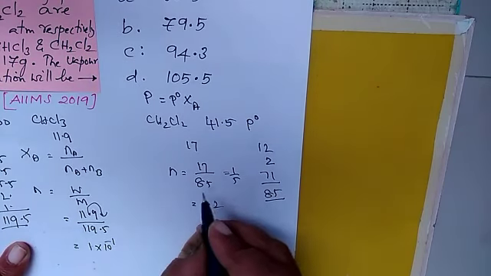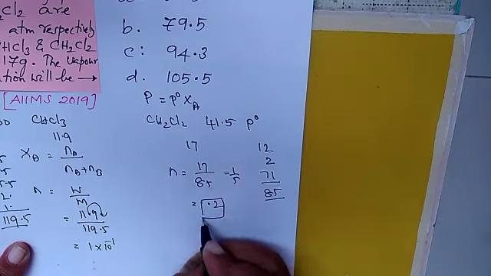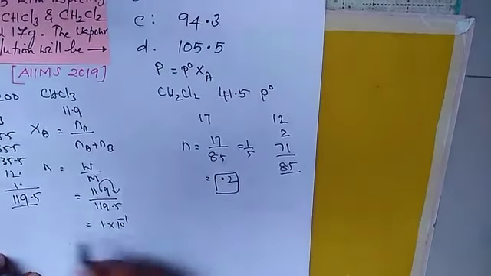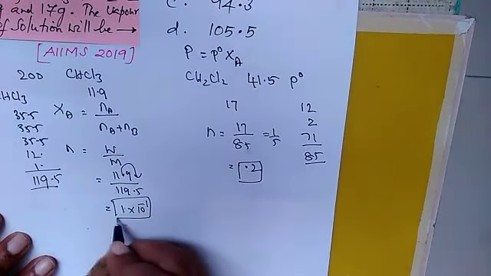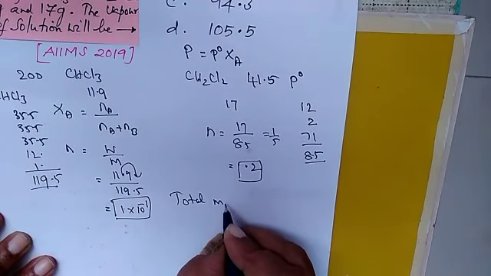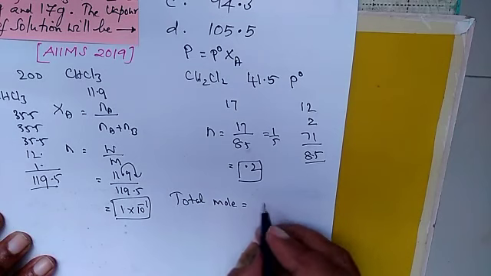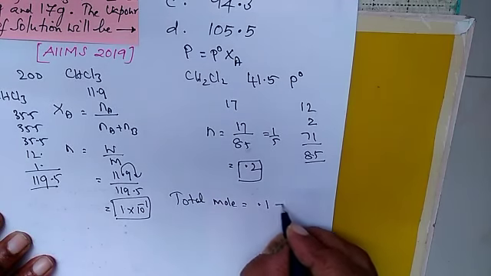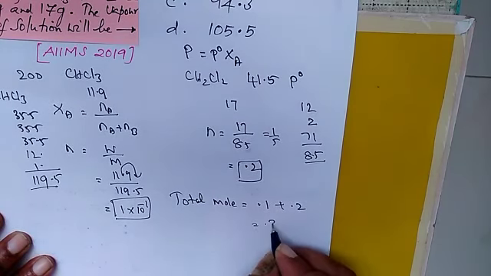This is the number of moles of CH2Cl2. The earlier one is the number of moles of chloroform. Now what is the total number of moles? Total number of moles is 0.1 plus 0.2, which is equal to 0.3.